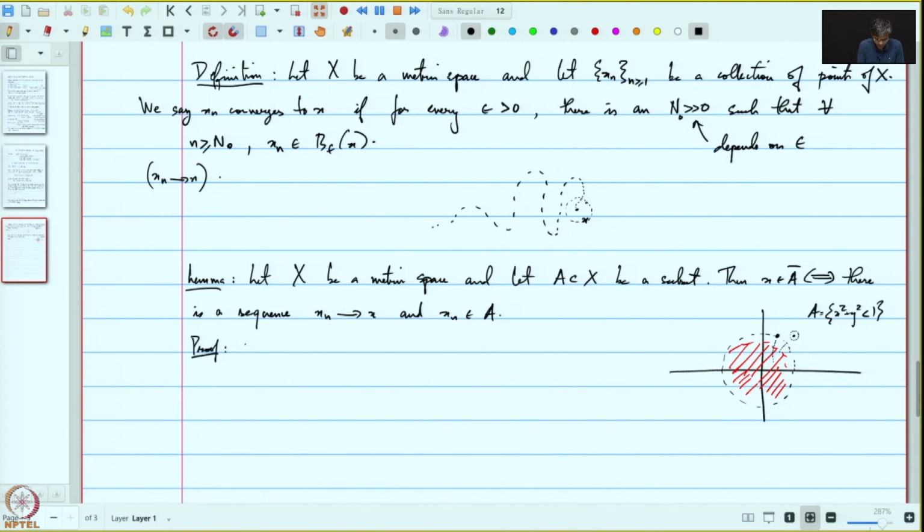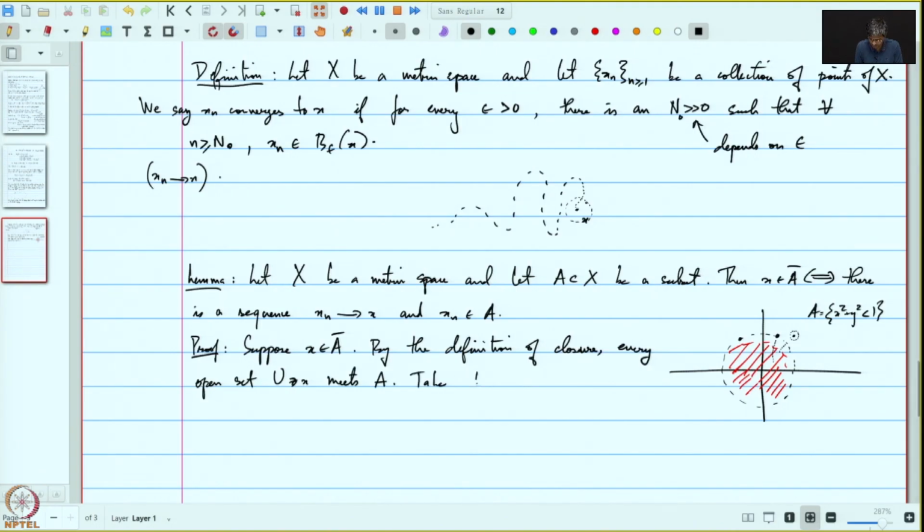So let us assume that x belongs to A closure. So let's say x is over here. Then by the definition of closure, every open subset U containing x meets A. So take U to be B(1/n, x).